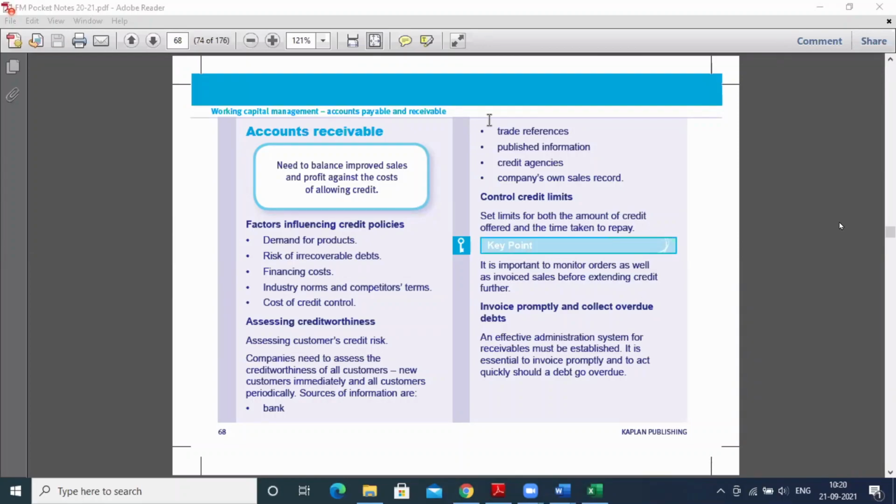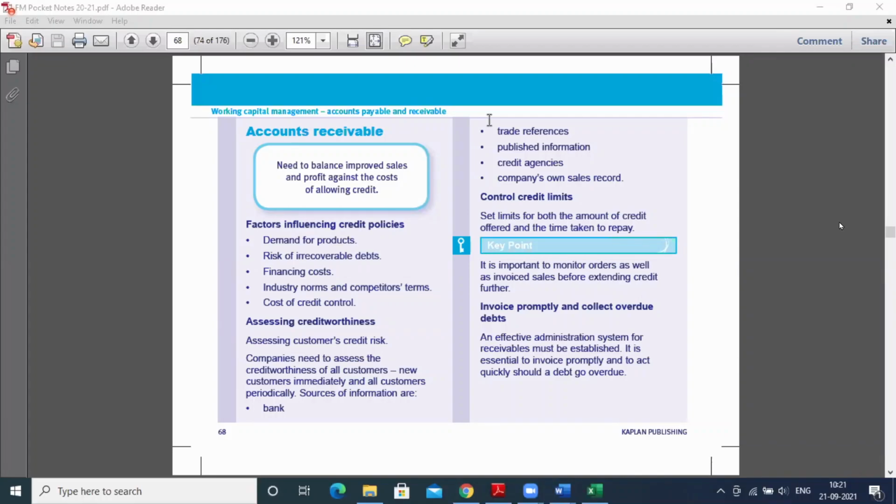So assessing the customer's credit risk, companies need to assess the credit worthiness of all the customers: new customers immediately and all the customers periodically. Suppose the customer is new, immediately credit worthiness should be assessed before making any sales. And if the customers are repeat customers, nothing but old customers, it is always advisable that credit worthiness should be assessed periodically.